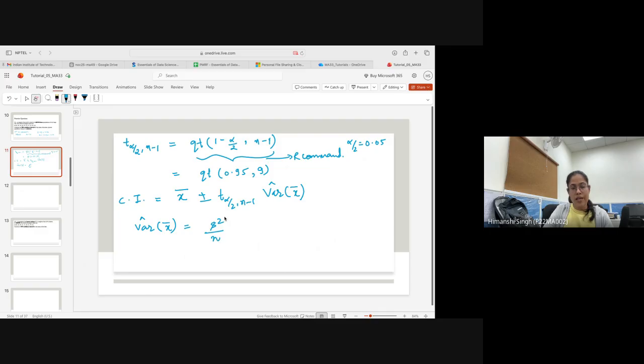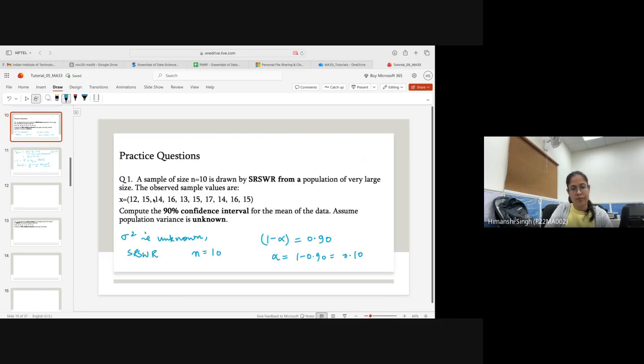How can small s square be calculated using R? It can be calculated using the command VAR of x, where x is this vector.